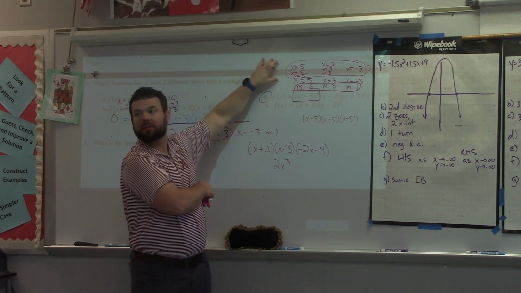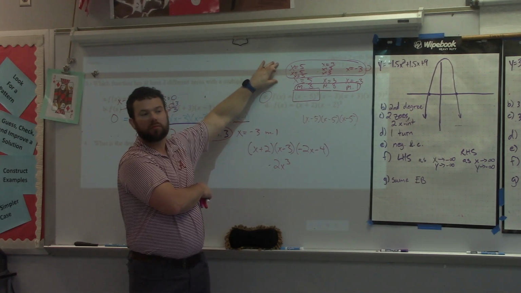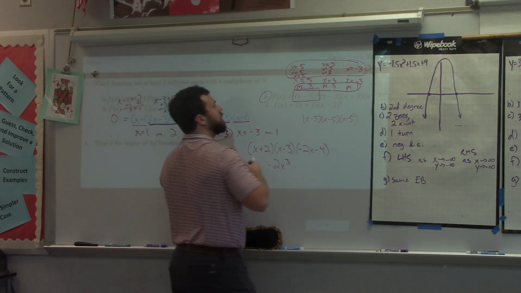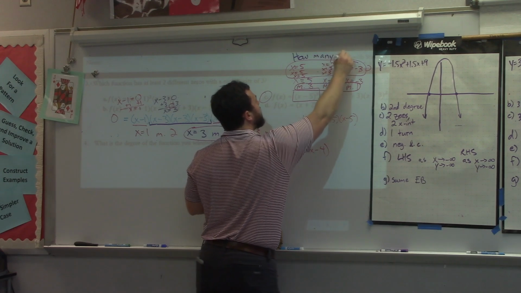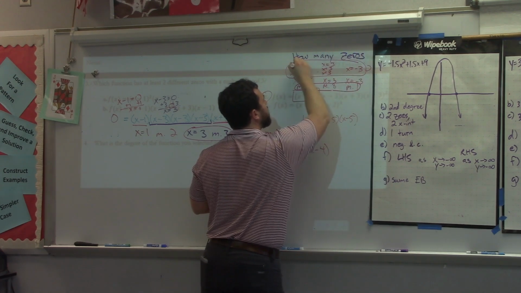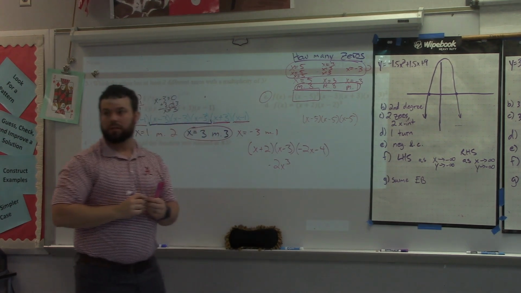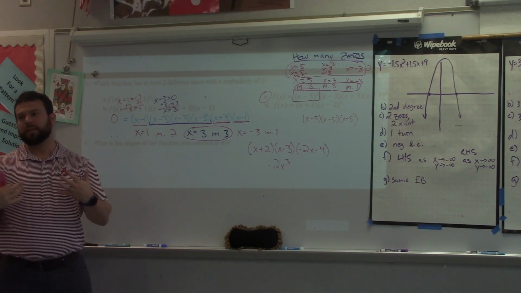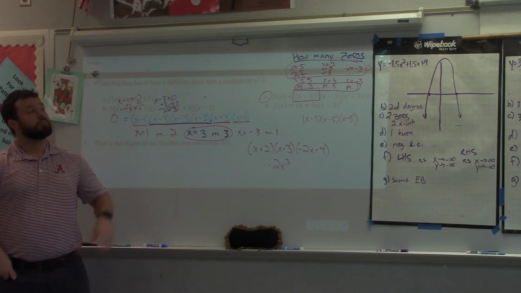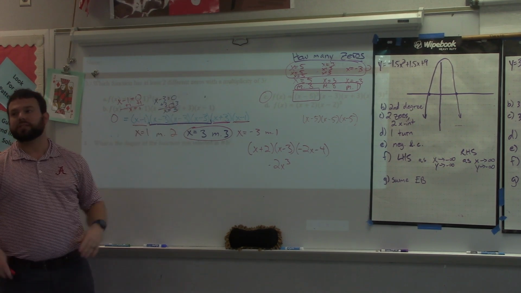How many zeros? And be careful about the language of how many x's, because it depends on the way the function's set up. But most clearly, it is how many zeros.